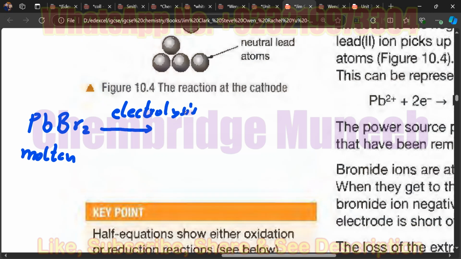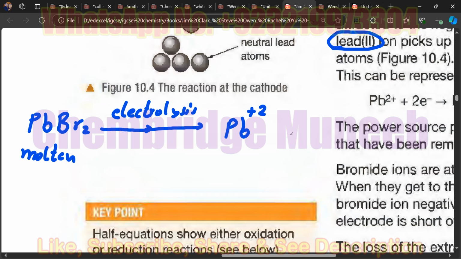we get two ions here. One ion will be positively charged and the other one will be negatively charged. Which of these two will give you the positively charged ion? Pb, lead. And see, the name is lead 2 bromide, lead 2, which means its charge will be +2.